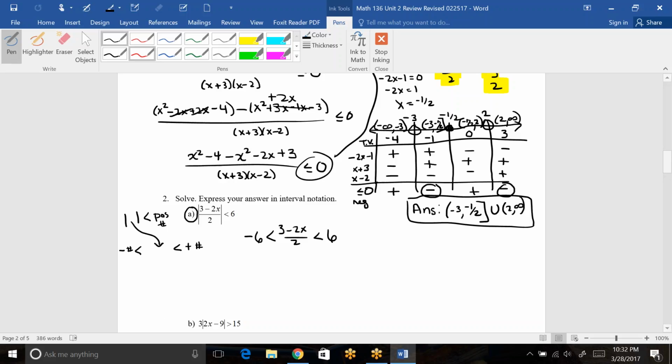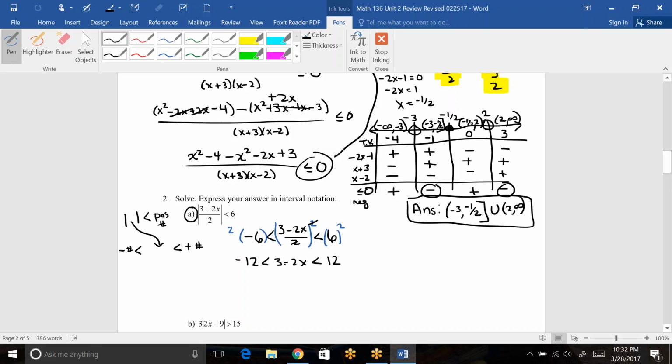To solve this, I would multiply everything by 2. And that would give me negative 12. In the middle, the 2's would just cancel, so that would be 3 minus 2x, and we get a positive 12. Again, we're trying to solve this.